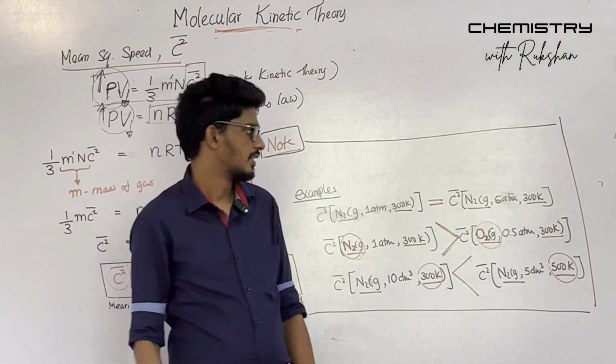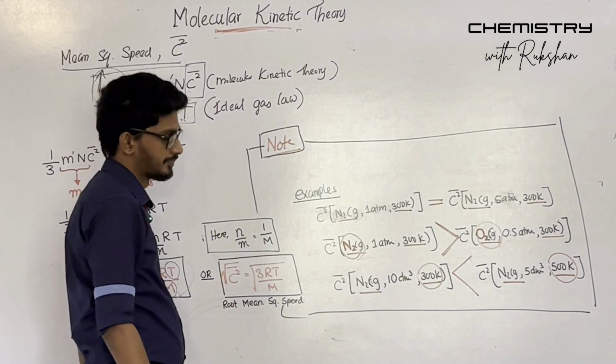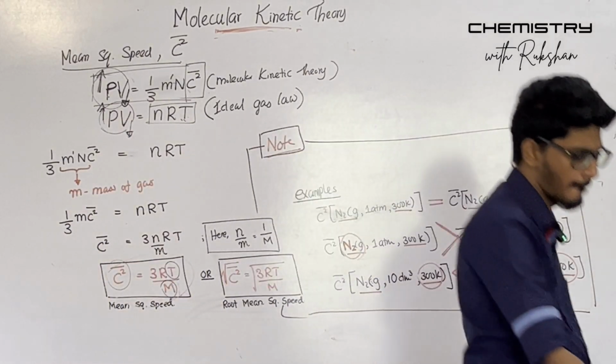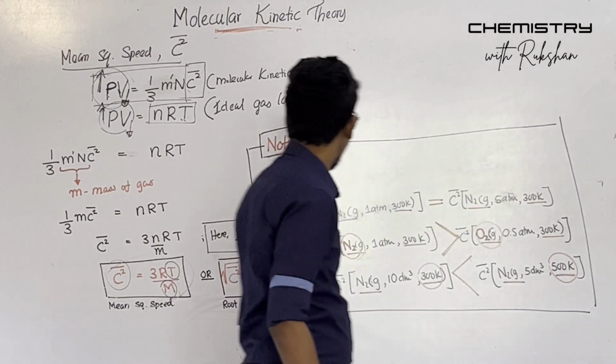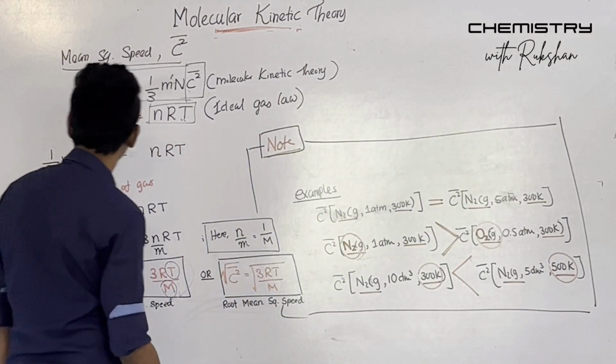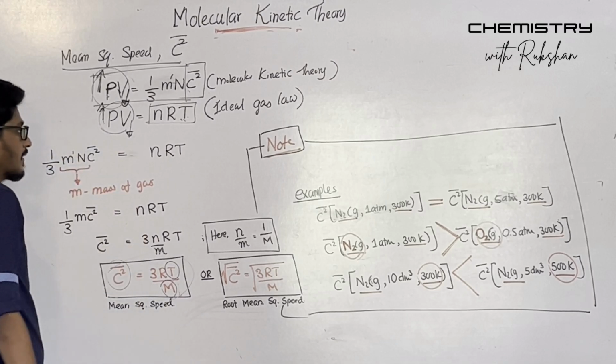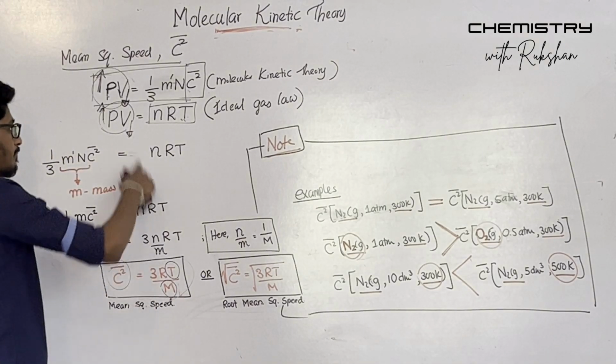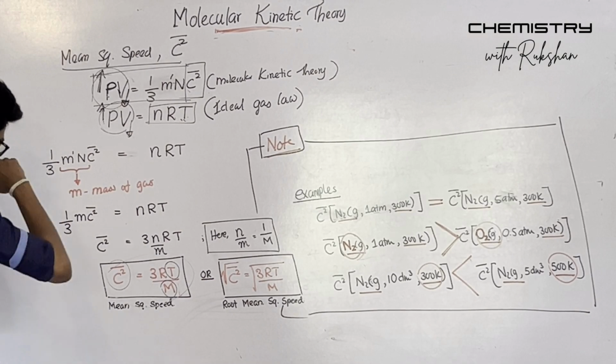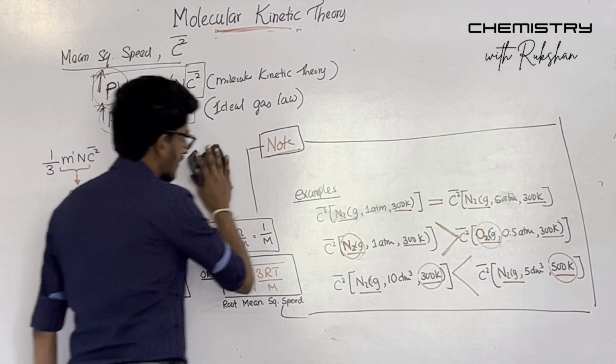About the c squared bar thing, okay. Let's discuss the other equation, which can be derived by combining these two equations. Okay, let's go to that.